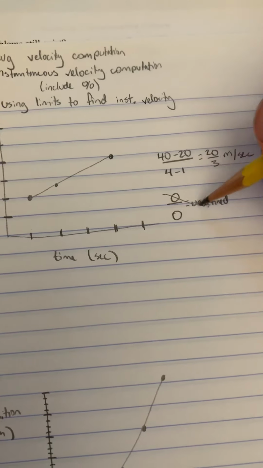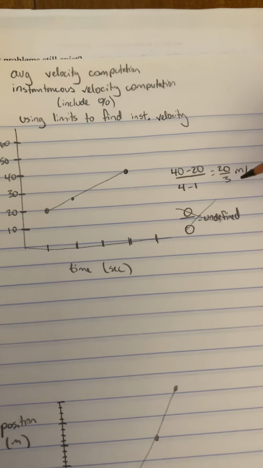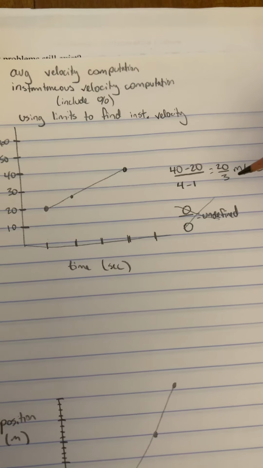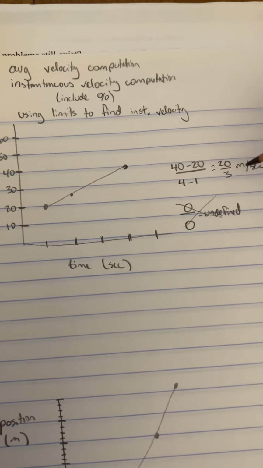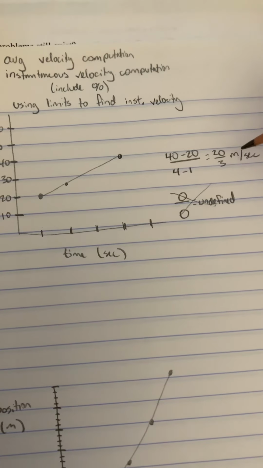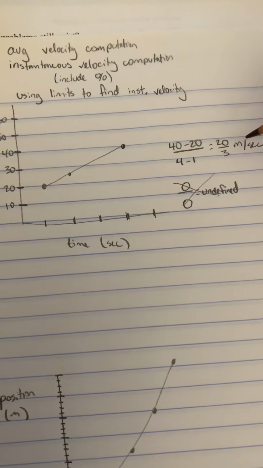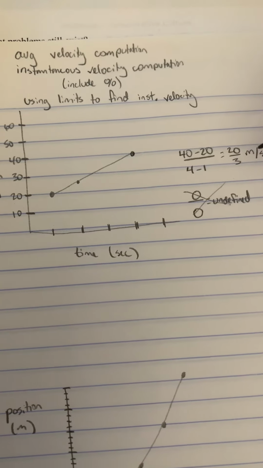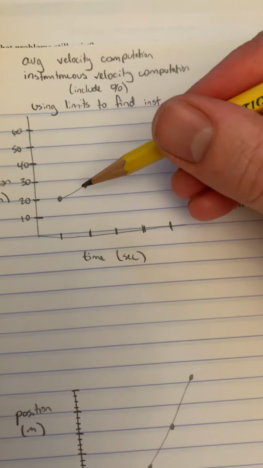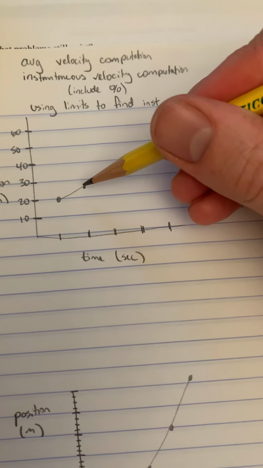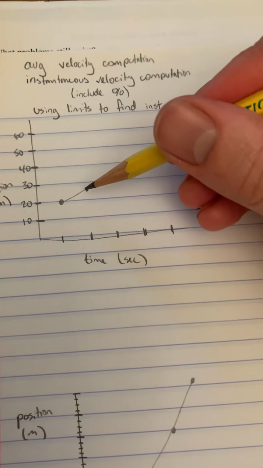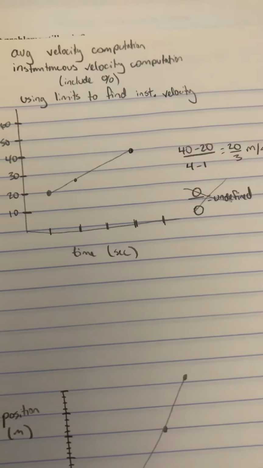This is wrong. And so we can't just always rely on simple mathematics in order to find an instantaneous velocity. Instantaneous velocity can be a little bit more complicated than that. What we can do is find the rate of change from, say, 2 to 2.1 or 2 to 2.01 and use that as a way of estimating.